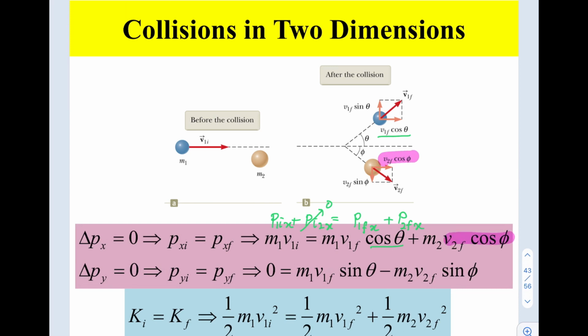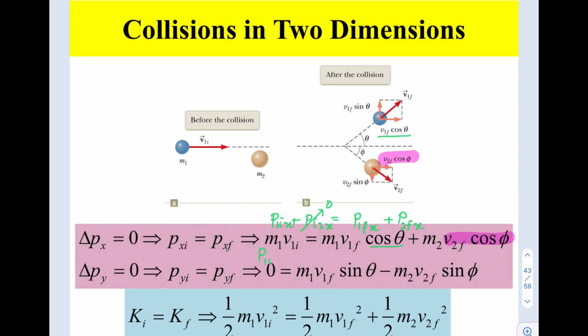Then in terms of the Y component, it goes the same. Both of the objects, whether M1 or M2, do not have any V along Y initially. That is why P initial is 0.